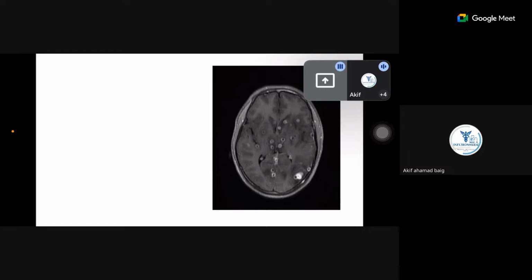So what is the staging of neurocysticercosis? Anyone who can name it? I'll give you 1 minute because this is important.